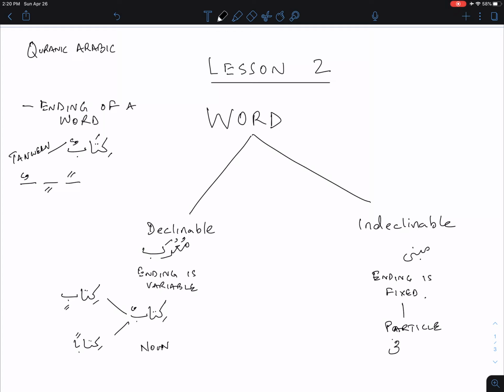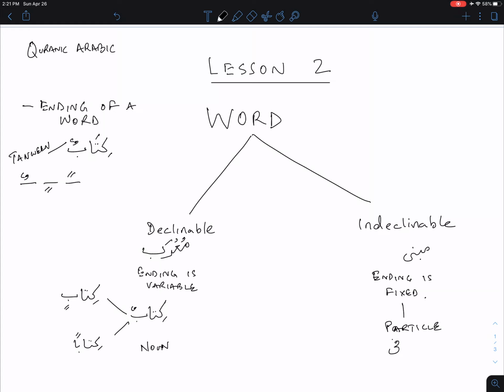Look at how the variation in the Quran is taking place in different words. As you come through, observe a word may be coming in with 2 dhammatain, or 2 kasratain, or 2 fathatain. So that's where the mu'rab, the variable ending, is coming.